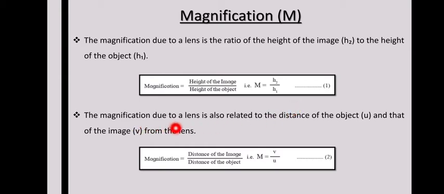Now the magnification is also related to the distance of the object and that of the image. So v upon u, that is also magnification. Two formulas we are getting here, equation 1 and equation 2, that m is equal to h2 upon h1 and m is equal to v upon u. Followed?